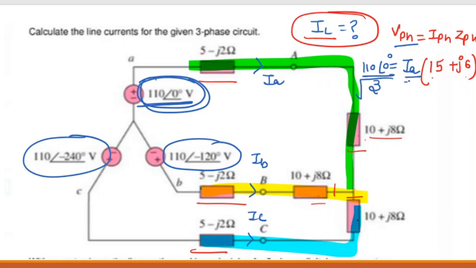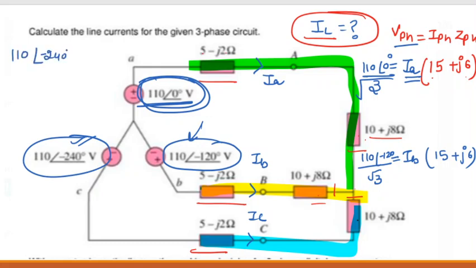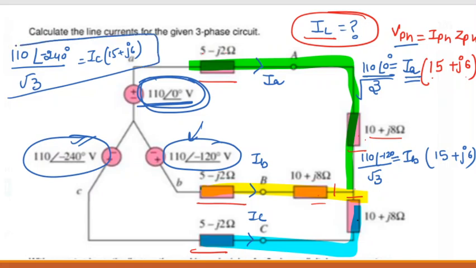Similarly, we can calculate IA from here, now we need to calculate IB. IB impedance is the same, 15 plus J6. Now for IB, the voltage is 110 angle minus 120 divided by root 3. Similarly, 110 angle minus 240 divided by root 3 is equal to IC into 15 plus J6, correct?